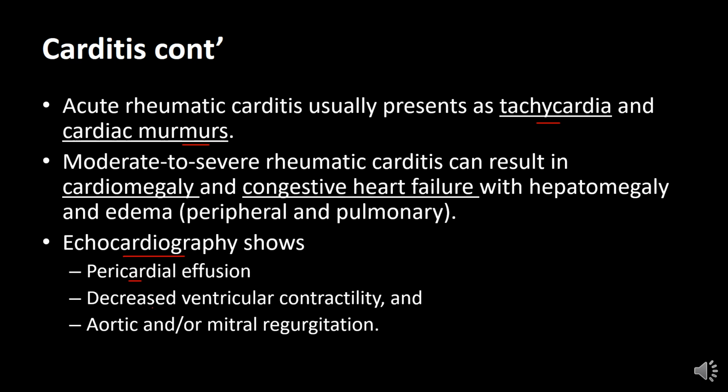It will show decreased ventricular contractility, and also it will show the valvular damage of both the mitral and or the aortic valve. So what you need to do is an echo to confirm. What will you see? Pericardial effusion, decreased ventricular contractility, and the valvular damage, which valve it is and what kind of damage it is.